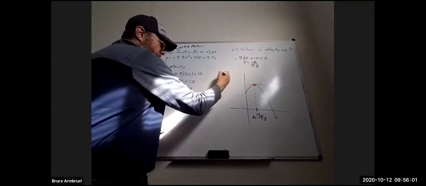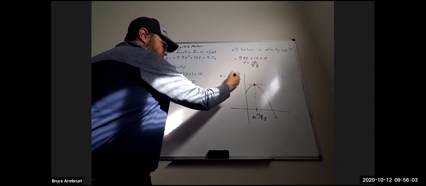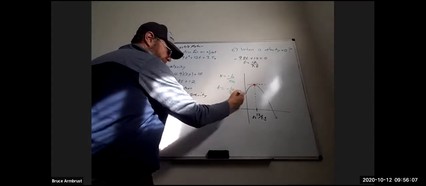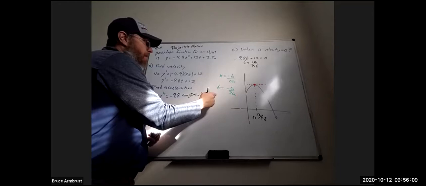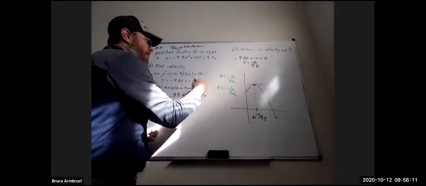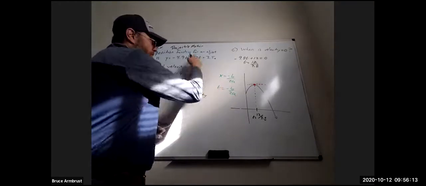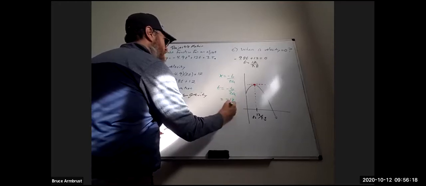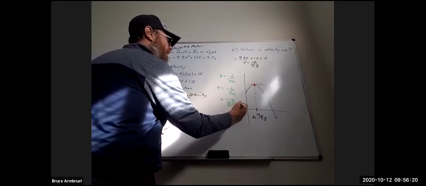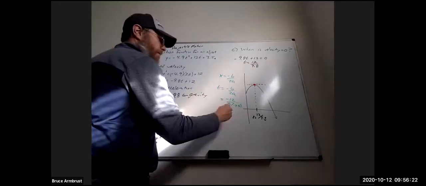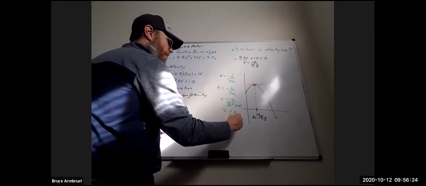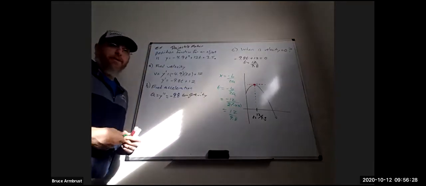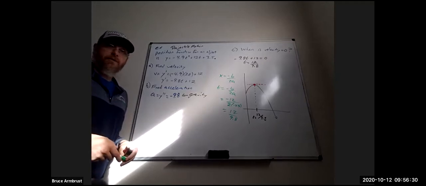It was x equals negative b over 2a. So let's translate to this problem. So instead of x, it's t, but let's put in our numbers, b and a. So b was 12, a was negative 4.9. And we get 12 over 9.8, which is that same place.